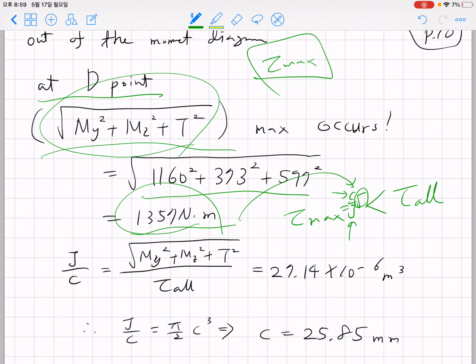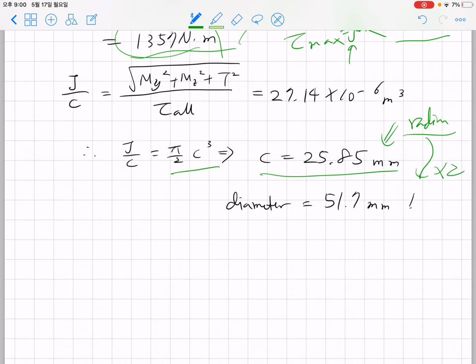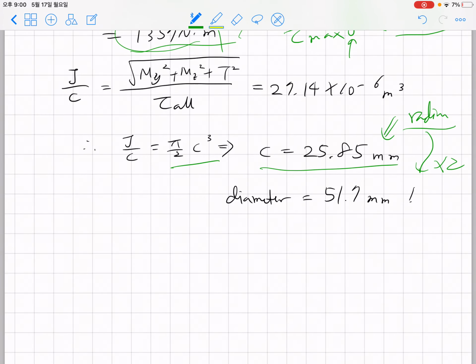J is pi over 2 c to the cube, and tau allowable is given as 50 megapascal. Then you can solve this equation for c, and c turns out to be 25.85 millimeter. This is the radius value. After obtaining the radius, if you multiply by 2, the diameter becomes 51.7 millimeter.